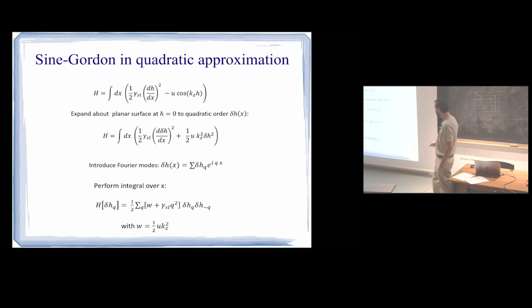Okay? The free energy appears to be a function that is quadratic in the Fourier modes. These are the amplitudes characterizing the surface fluctuations.